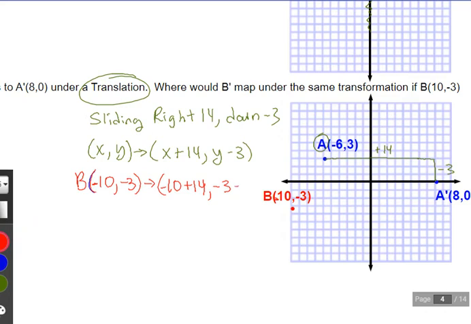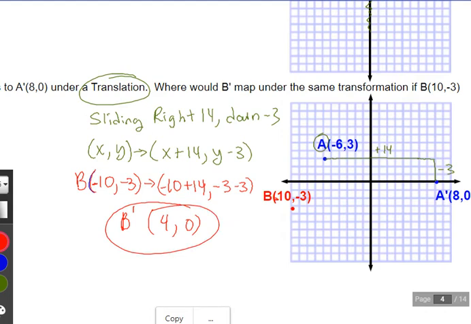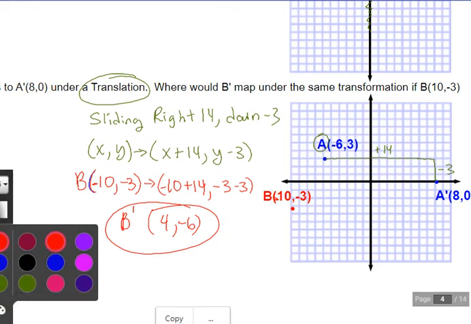So our B prime point should be, let's see, 4 comma 0. Oh, I'm sorry, not 0. What am I thinking? Negative 3 minus 3 is negative 6. So B prime isn't there. B prime is over 4, then down 1, 2, 3, 4, 5, 6.